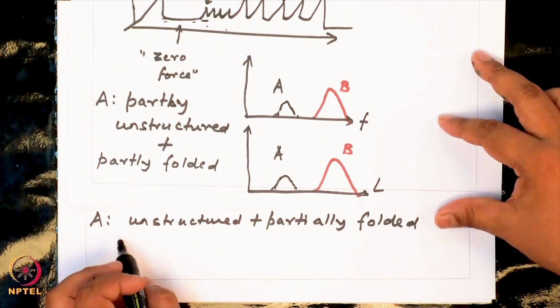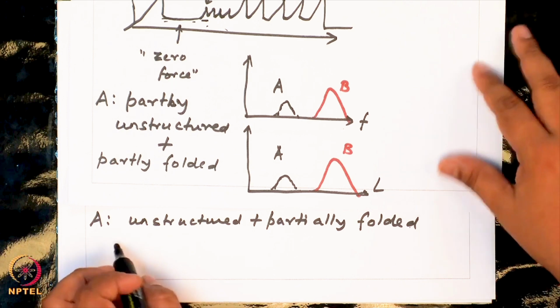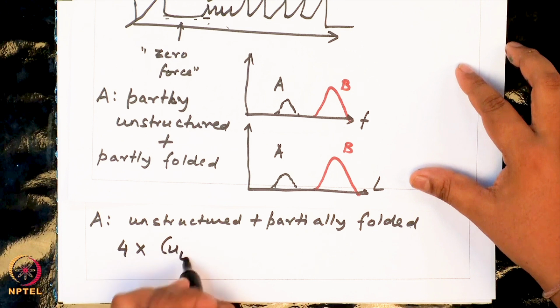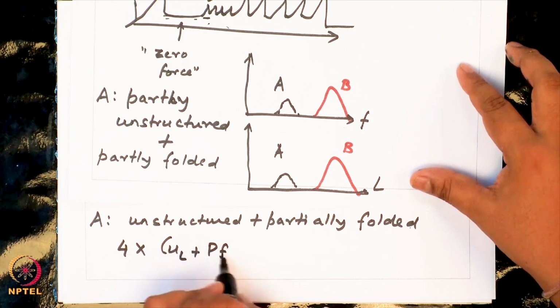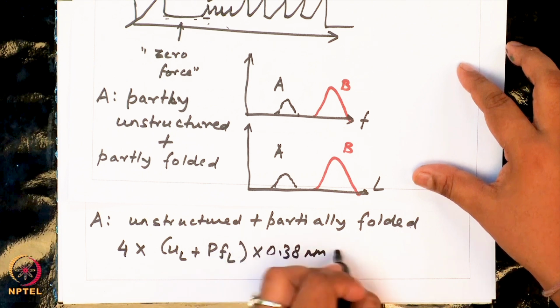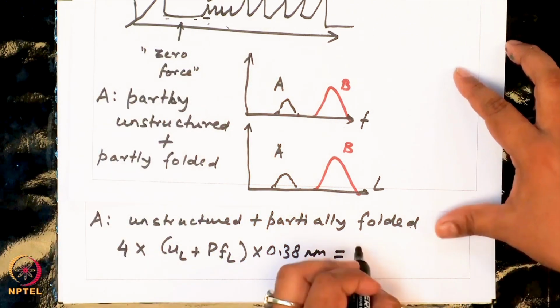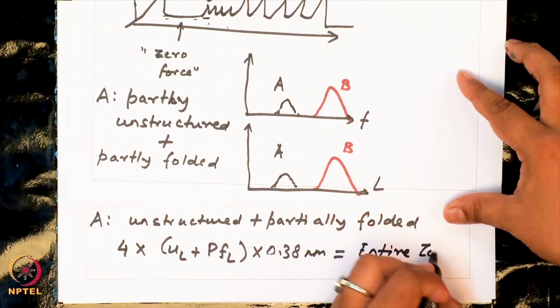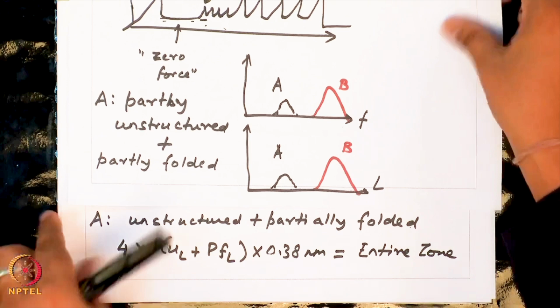So, you know that 4 times unstructured length plus partially folded length into 0.38 nanometers should give you the entire length.